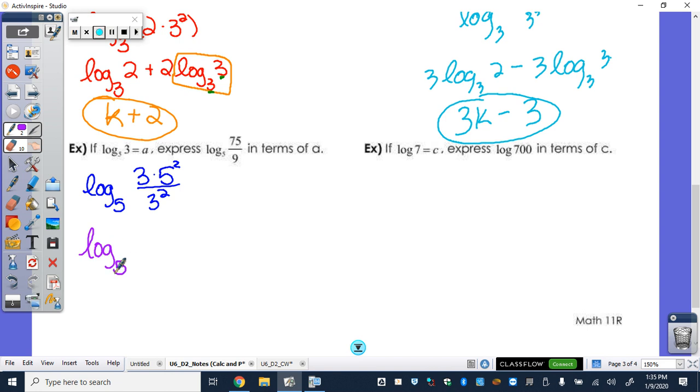So expanding this out, I got the log base 5 of 3 plus 2 log base 5 of 5 minus 2 log base 5 of 3.